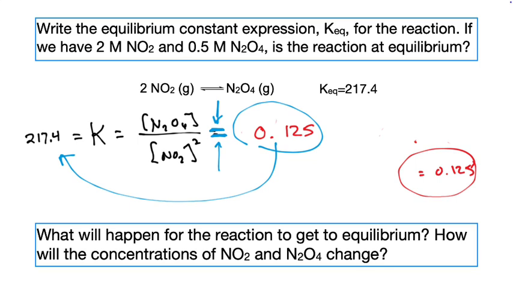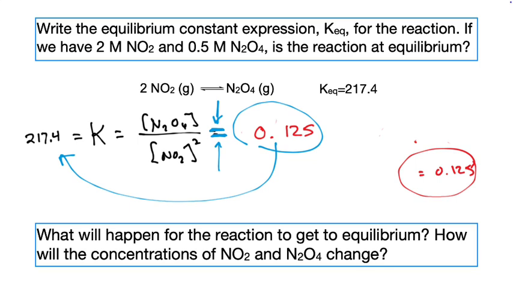So what's going to happen to the concentration of the N2O4? It's going to increase. How did it increase? How did the N2O4 go up? You remove some of the, okay, and now we've got an interesting limit.